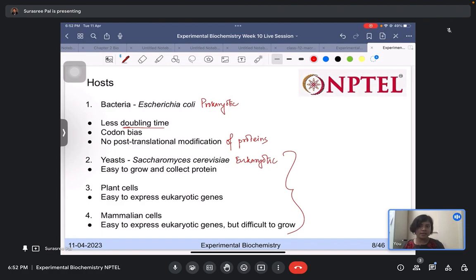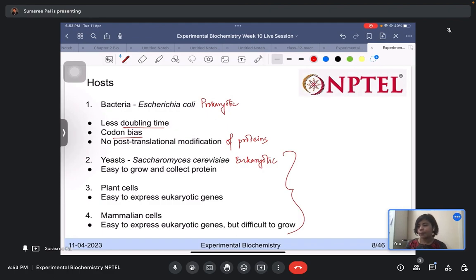But the problem in such a system is that there is a codon bias which exists between prokaryotes and eukaryotes. So what is codon bias? The codons which are recognized in the prokaryotic system might not be recognized in the eukaryotic system.